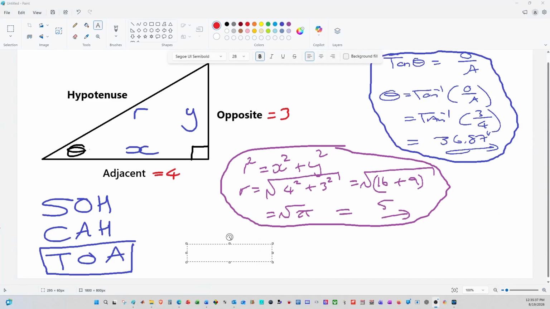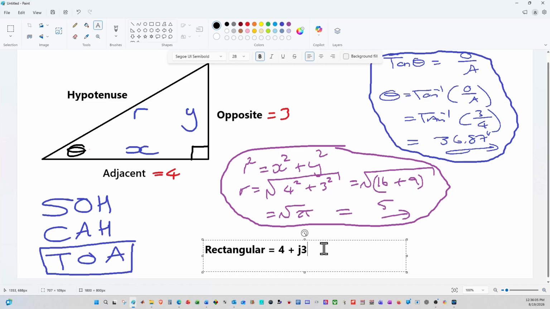So we can wrap up this exercise. If we're looking at the rectangular format, we can put that down into the equation. Let's use the black lettering and say that the rectangular, in this case, is equal to 4 plus j3. That is the rectangular format, and we have calculated the polar format.